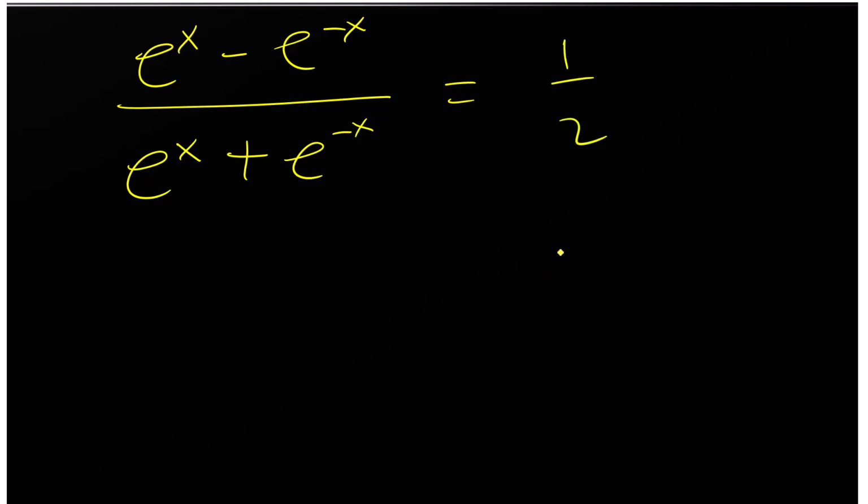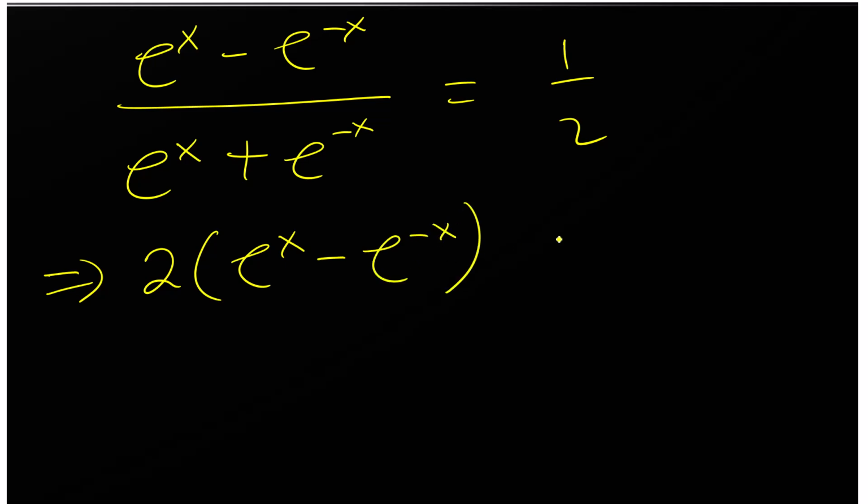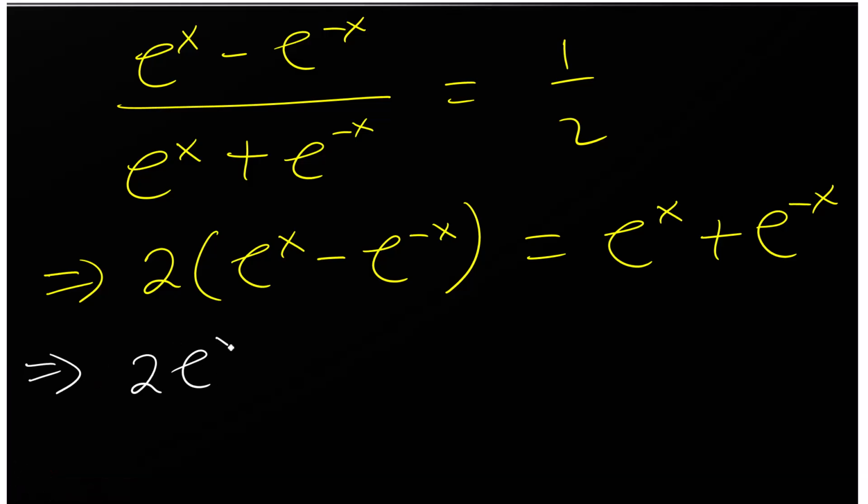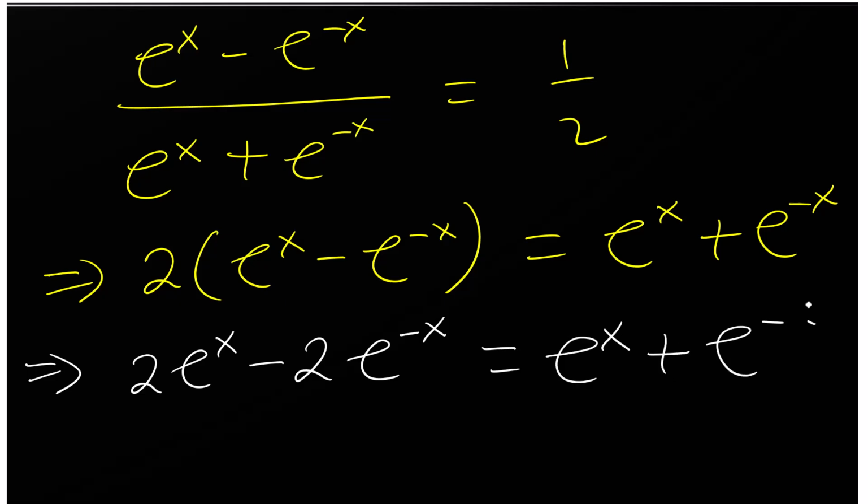So we can do cross multiplication from here. 2 times that, we have 2 times e to the power x minus e to the power minus x equals 1 times that, e to the power x plus e to the power minus x. Okay, so let's expand. 2 times e to the power x minus 2 times e to the power minus x equals e to the power x plus e to the power minus x.